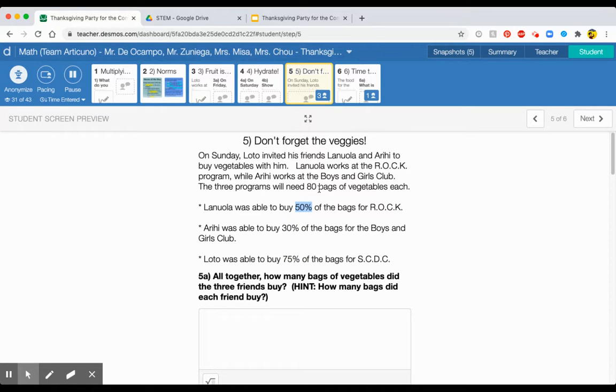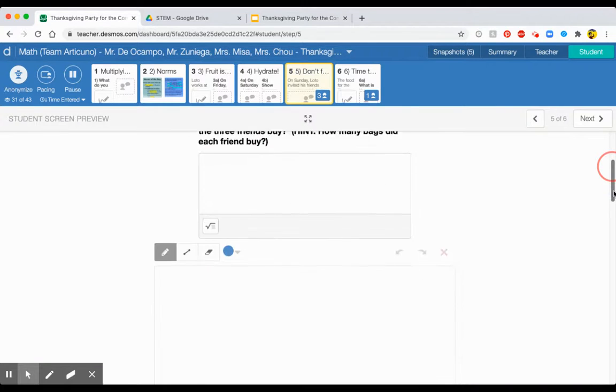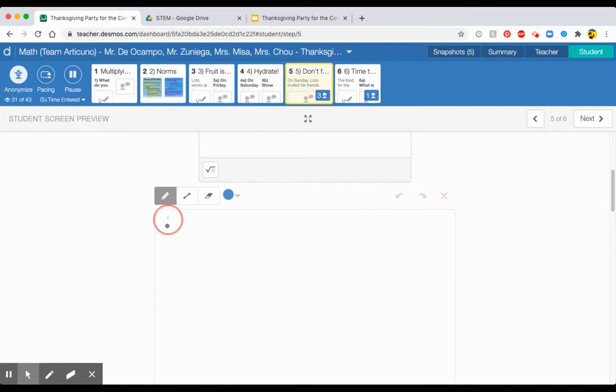But we are dealing with 80 bags each, because all 3 programs will need 80 bags each. So our advice for this problem is to do a diagram for Lanoola, a diagram for Arihi, and a diagram for Loto. So Lanoola would be here. We would do a diagram for Arihi.